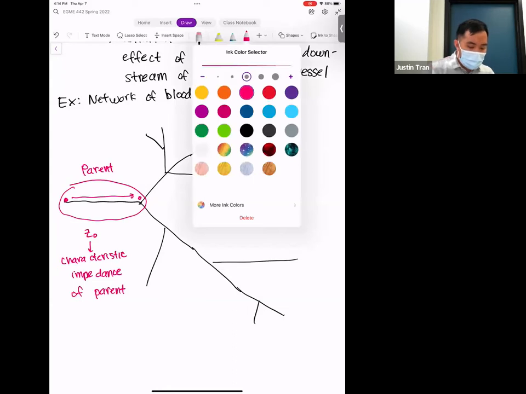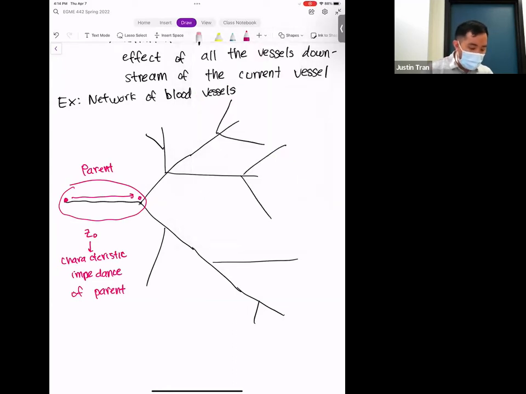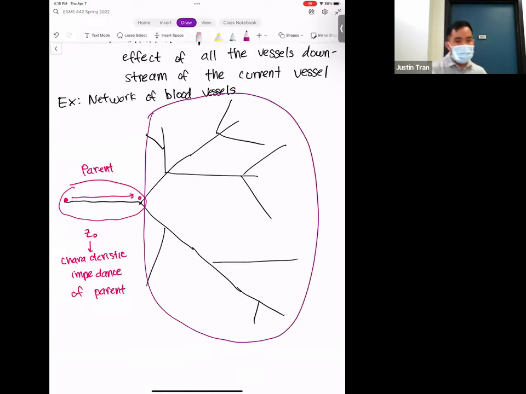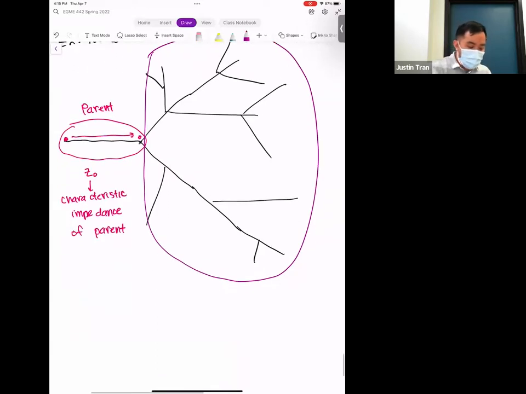Once the blood leaves this parent vessel, it's going to enter the network of vessels that come after that. And of course, as the blood leaves that parent vessel, it's going to experience an impedance to flow that is a result of all of these other vessels here. And so instead of doing all of these calculations for all of these vessels, if we know the collective impedance of all these vessels, we can instead just model a single vessel.